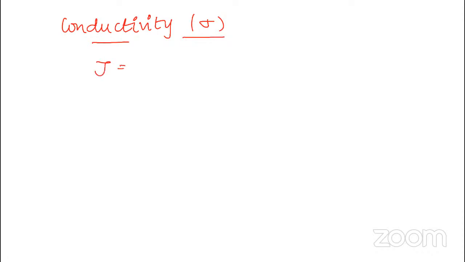Conductivity is represented by the symbol sigma, and we write one formula: J is equal to sigma E.